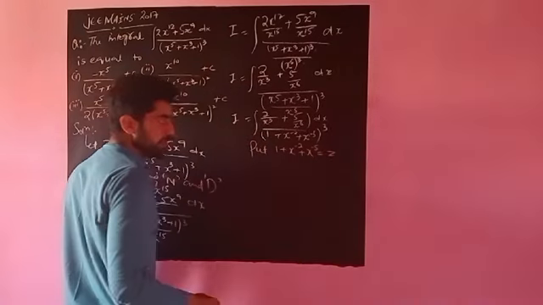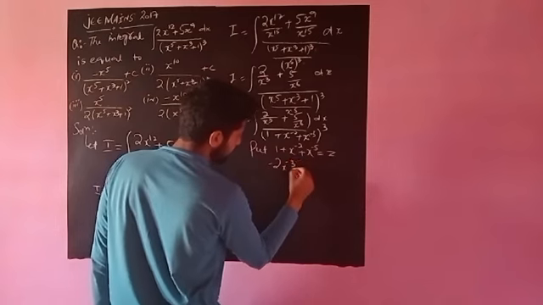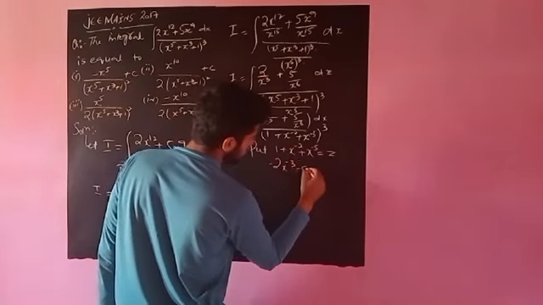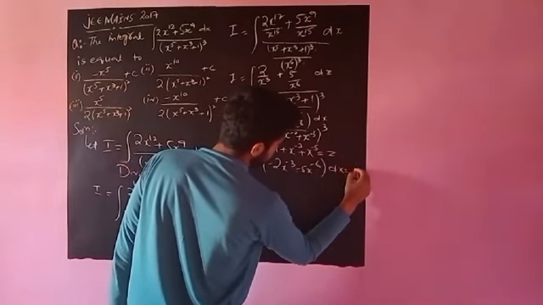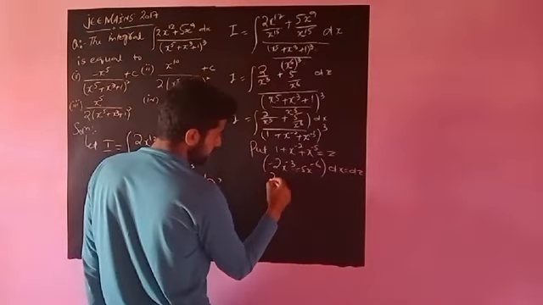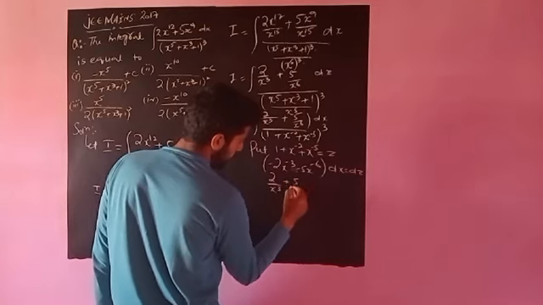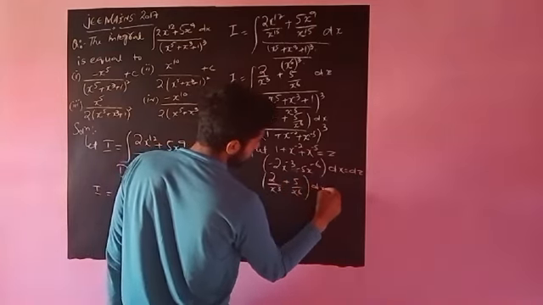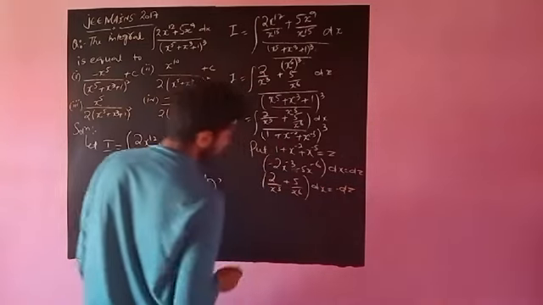Then we differentiate with respect to x: minus 2x^-3 plus minus 5x^-6, whole dx is equal to dz. Then we take minus z common: this is 2 upon x^3 plus 5 upon x^6, and this dx as it is, and this minus transfers to the RHS, that is minus dz.